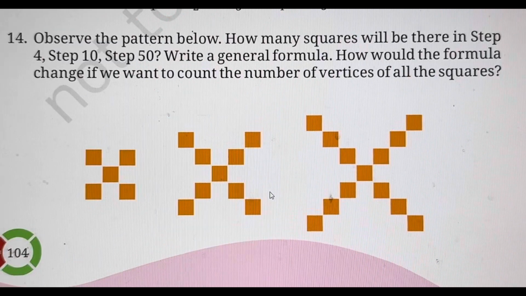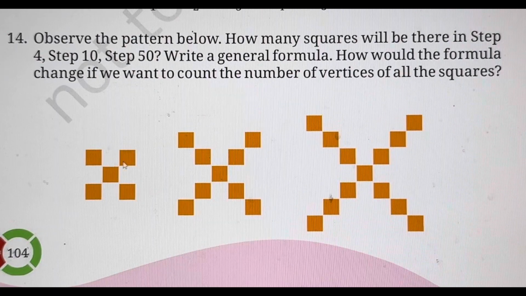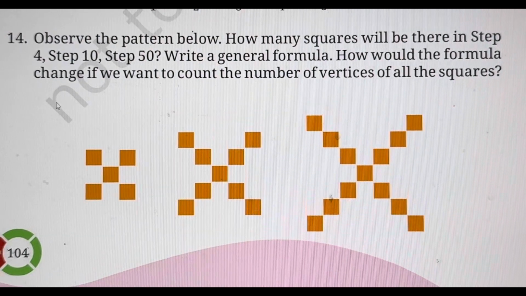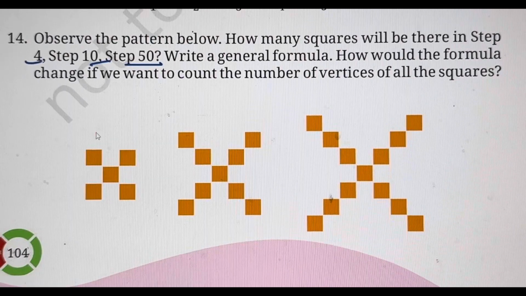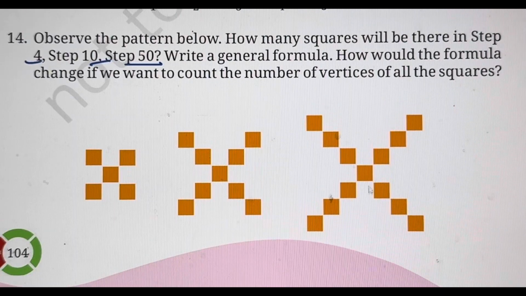Question number 14. Observe the pattern below. How many squares will be there in step 4? See, 3 steps are given. 1, 2, 3 steps are given. And they have asked for step 4, step 10, and step 50. Like in the first one, it is 5 squares, then 5 plus this 4, 9 squares, and then 5 plus 4 plus 4 means 13 squares.